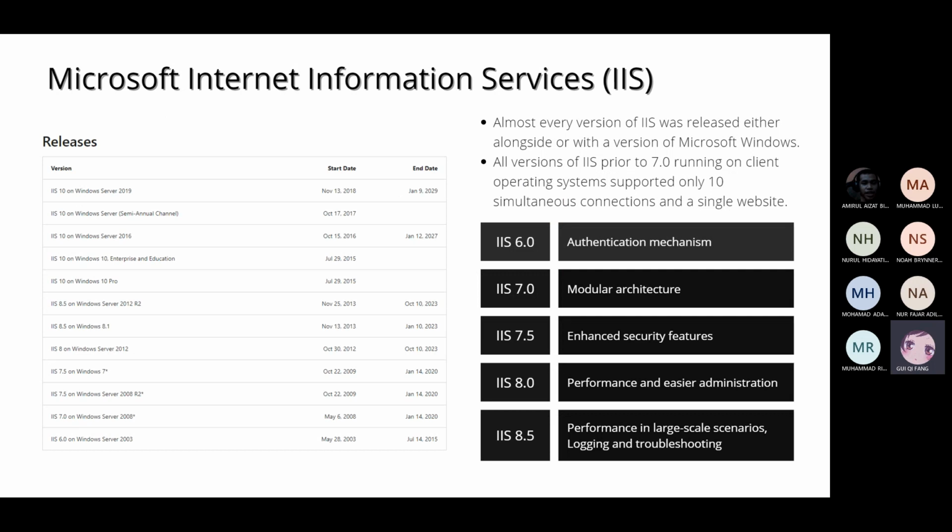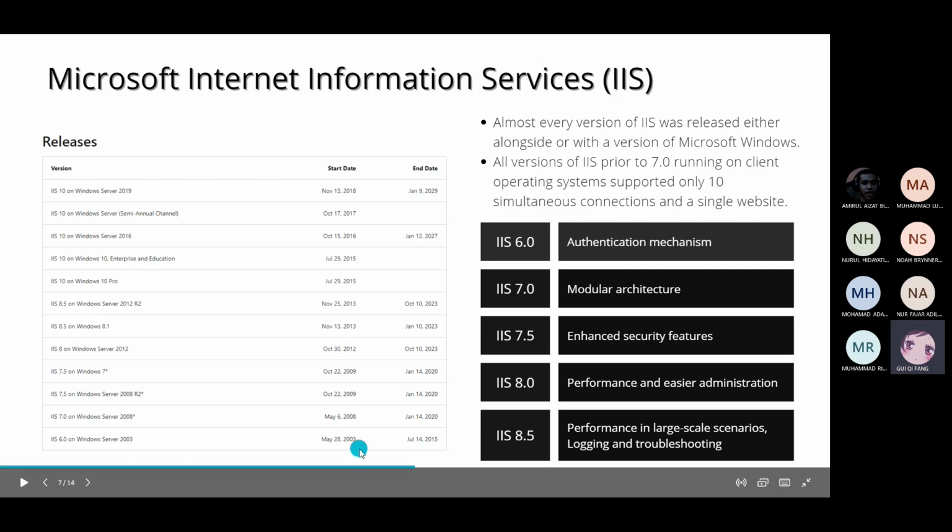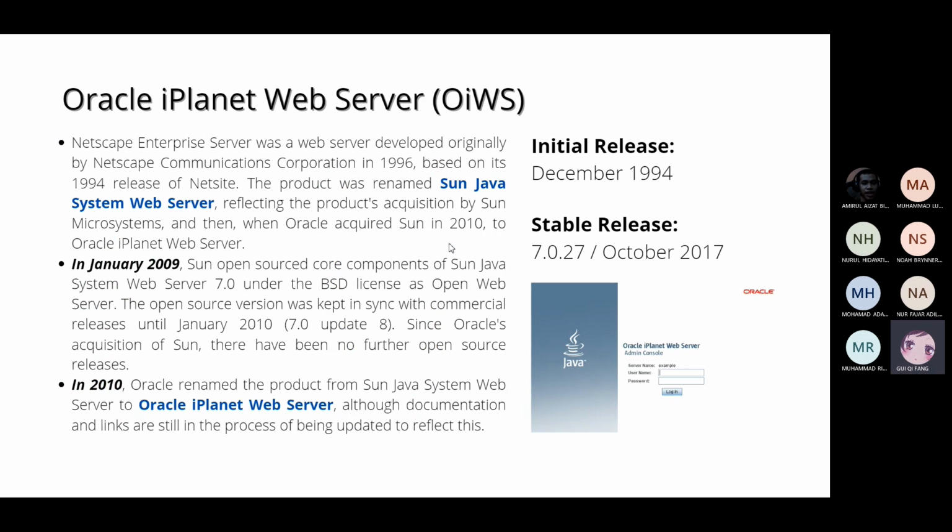And this is for the IIS, which we can see started since 2003 until now. And this is for the Oracle iPlanet Web Server, and the initial release is since December 1994, and the stable release is on October 2017.